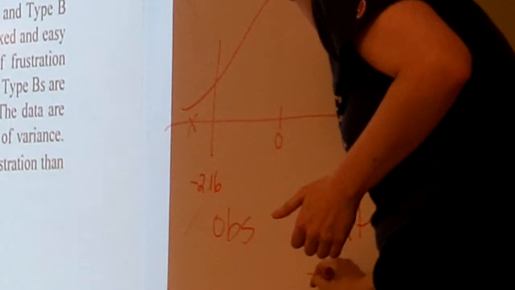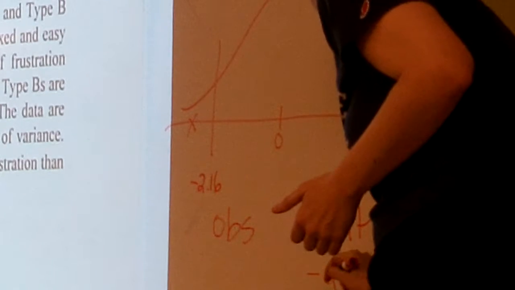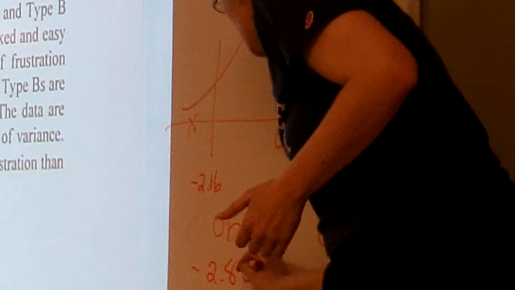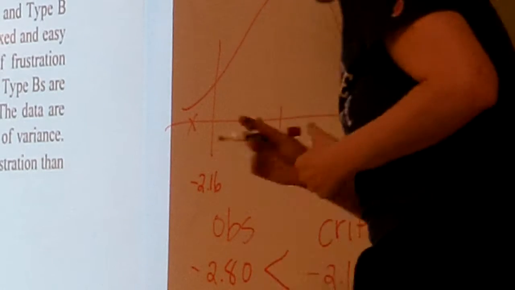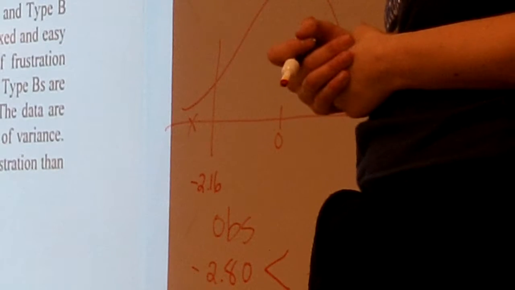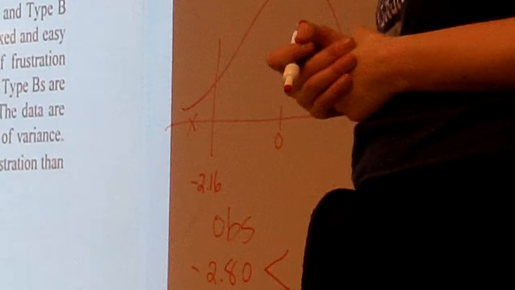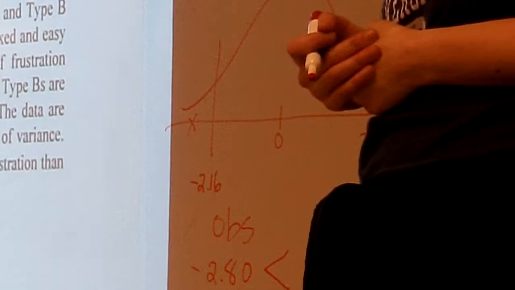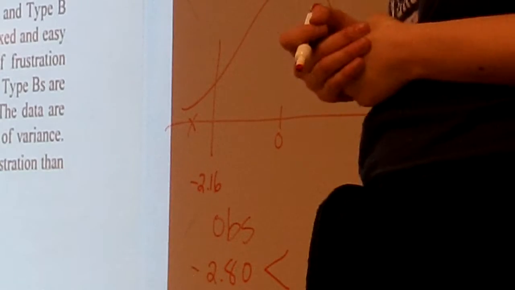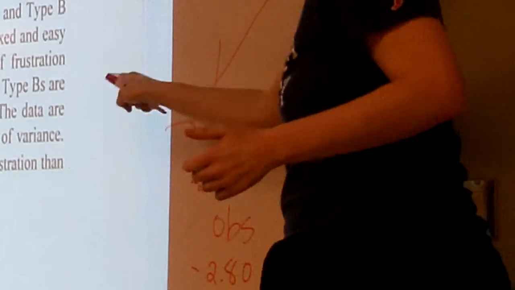So here we've got negative 2.16 and negative 2.80. And that gives us the right relationship to show that there's a significant difference. Because negative 2.8 is less than negative 2.16. But in the case of a negative value, that's a good thing. Because that means it's further out in the tail.